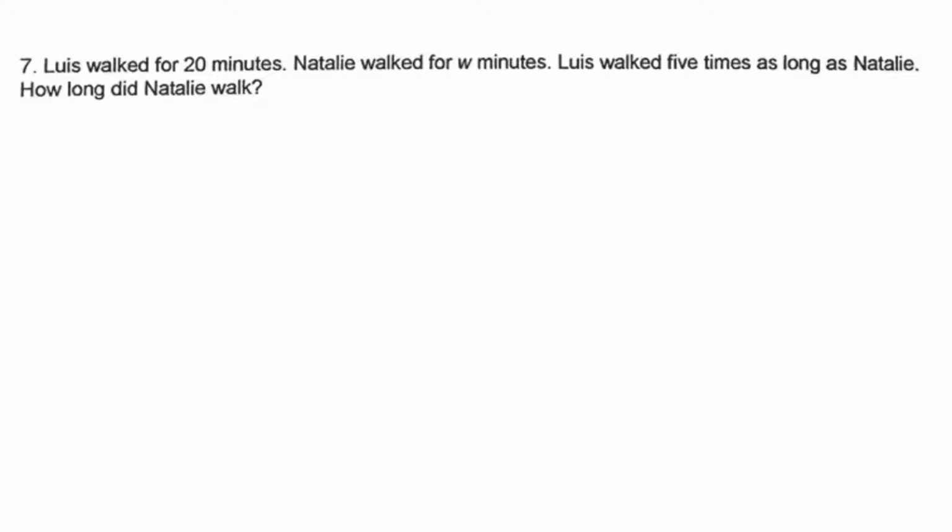And next, Luis walked for 20 minutes. Natalie walked for W minutes. Luis walked 5 times as long as Natalie. How long did Natalie walk? Well, Luis, and I'm looking at right here, Luis walked 5 times as long as Natalie. So Luis is 5 times the amount of Natalie.